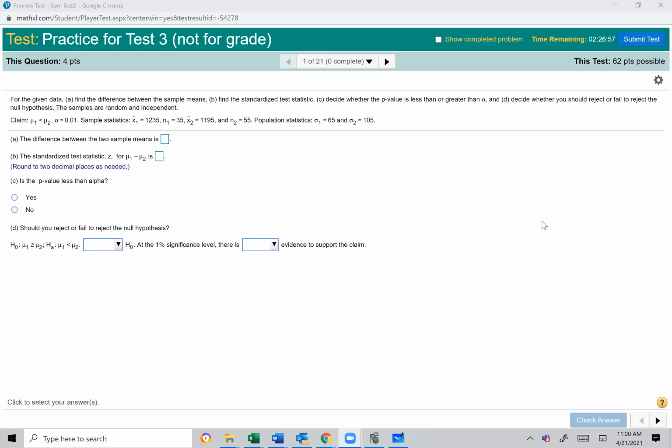The two-sample Z-test. If you know exactly what test you are going to be using, I don't think there's even a chance that you can make a mistake here. Because he gives you sigma 1 and sigma 2, this is a Z-test, guys.